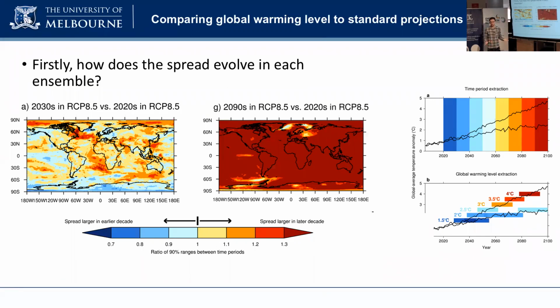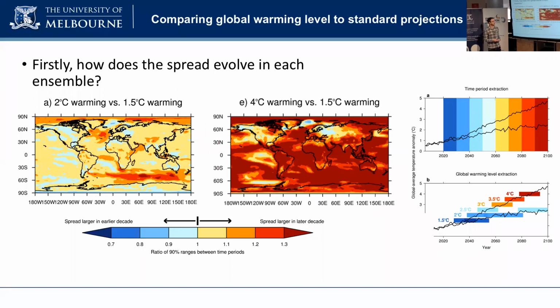That's basically the models' different climate sensitivities and different patterns of warming. But if we do the same with our different global warming levels, so this is the same quantity, but comparing with the global warming level ensembles, 2 degrees versus 1.5 degrees, and 4 degrees versus 1.5 degrees, the spread also increases quite a lot, which is interesting and possibly not what you'd expect logically, and it's basically due to more differing points in time being sampled to make these warmer worlds.